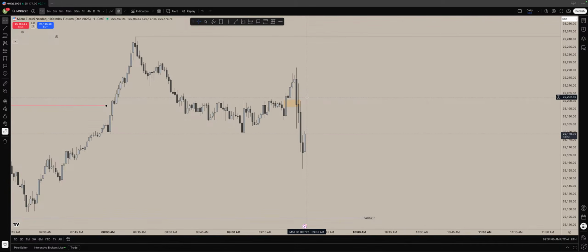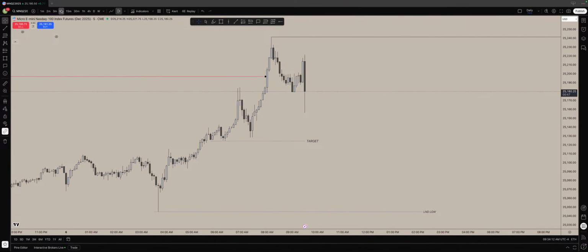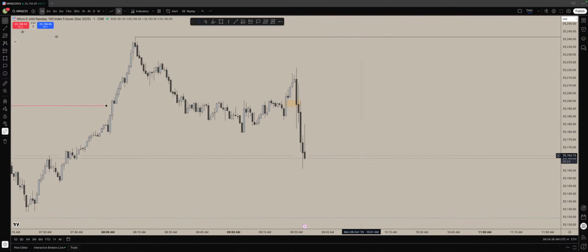Reacting to the FEG, and then we'll probably continue on lower. Just zoom out for a second, make sure everything looks proper. Yeah, I still think we're very much bearish. Very much bearish. I think it's a pretty simple target as well, to be honest. Yeah, into the FEG, you roll over.